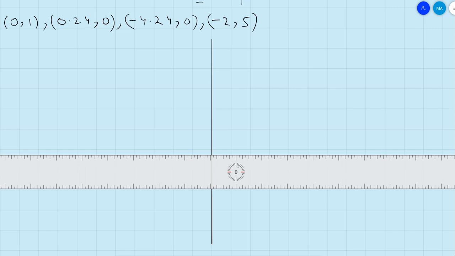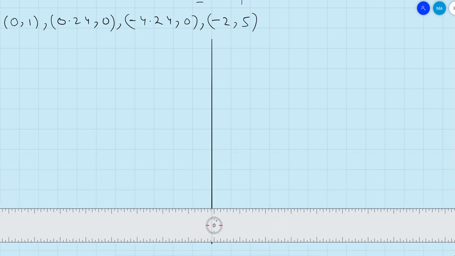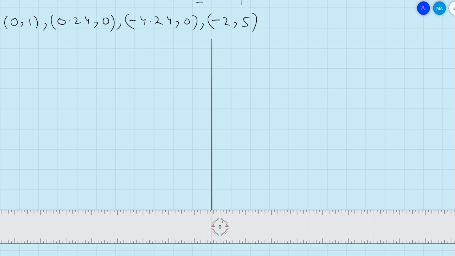The maximum value of y is 5 and the minimum value of y is 1. So there is no negative value, so we can leave the negative margin. And the maximum value of x is 4.24.